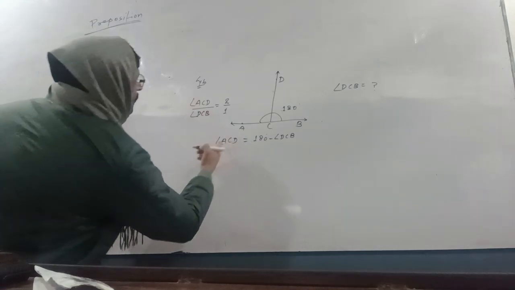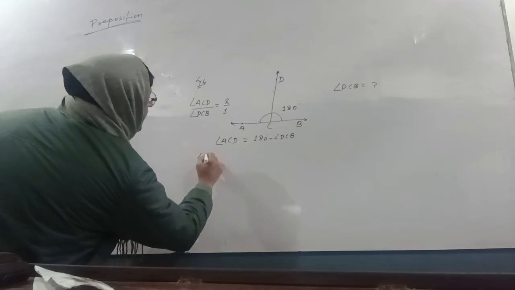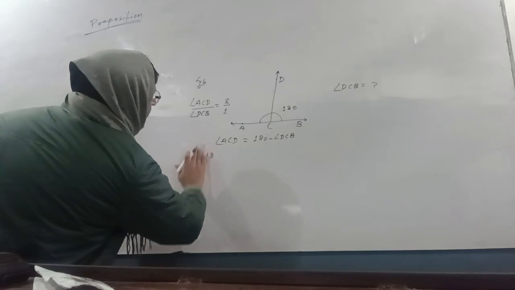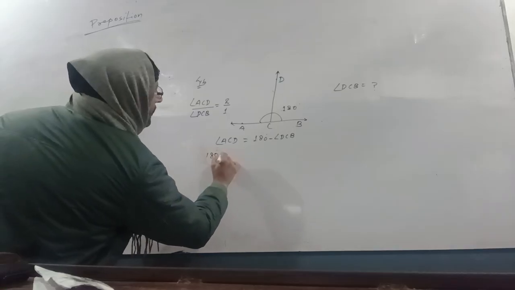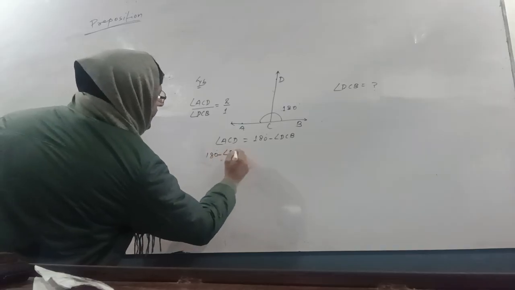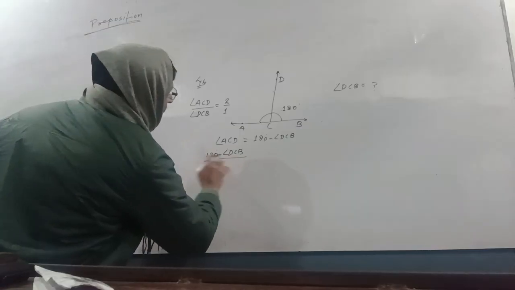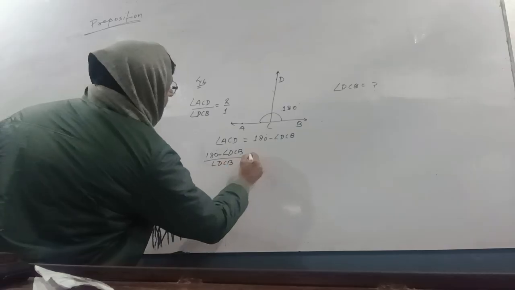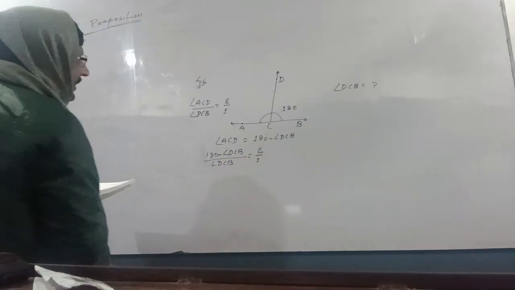Next, we will put the value of angle ACD in this ratio: angle ACD, 180 degree minus angle DCB, by angle DCB equal to 2/1.